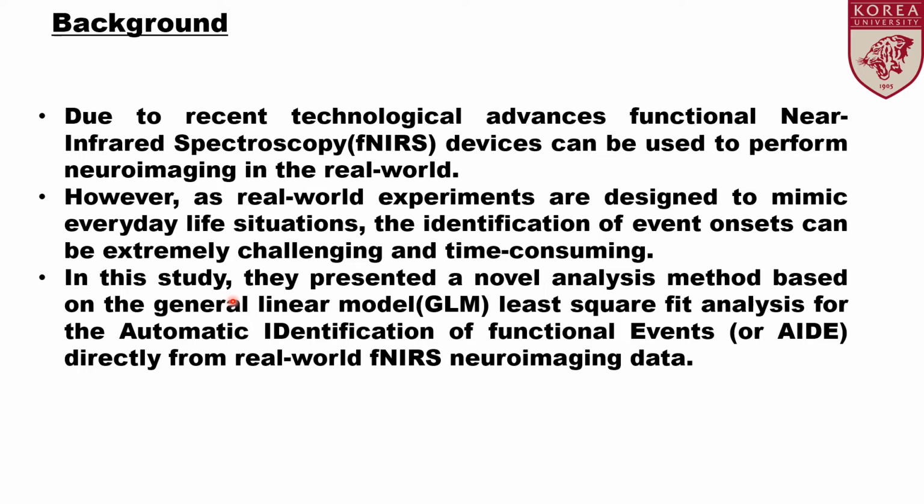In this study, they presented a novel analysis method based on general linear model, least square fit analysis for the automatic identification of functional events directly from real-world fNIRS neuroimaging data. And in this study, they also generated the synthetic data to validate this algorithm and to measure its accuracy.